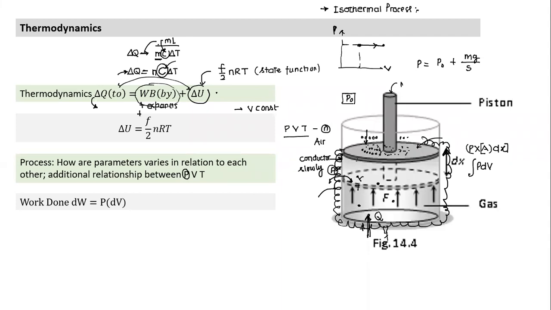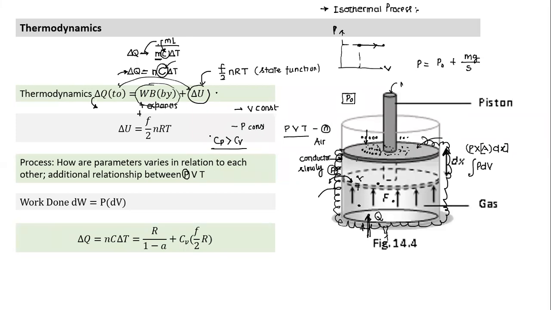But in a constant pressure process, if I'm heating it from here, the piston also moves and work also gets done. So for the same change in temperature, I need to supply more heat. That's why Cp has to be greater than Cv. Do we see a logical reason why Cp has to be greater than Cv?